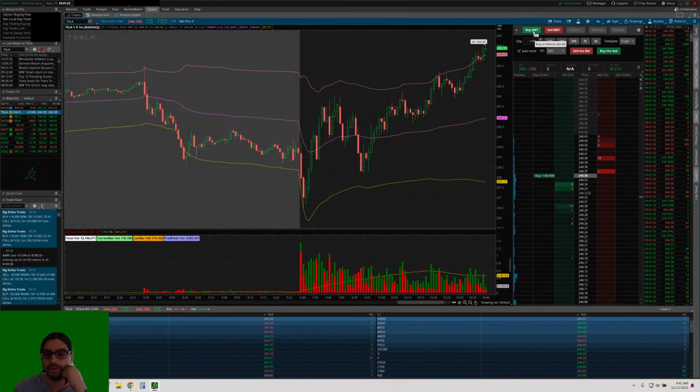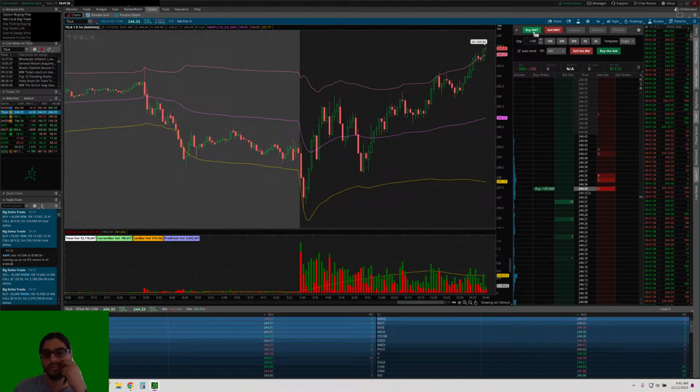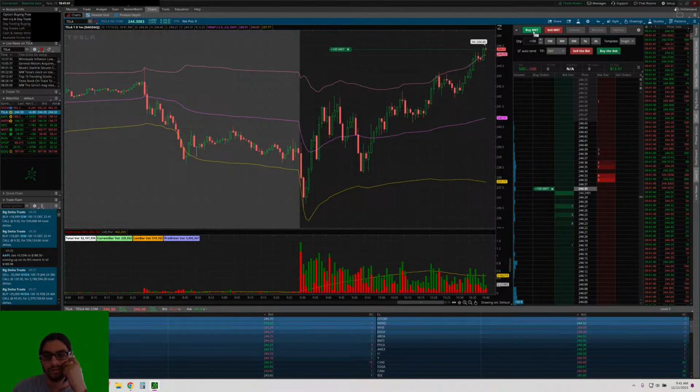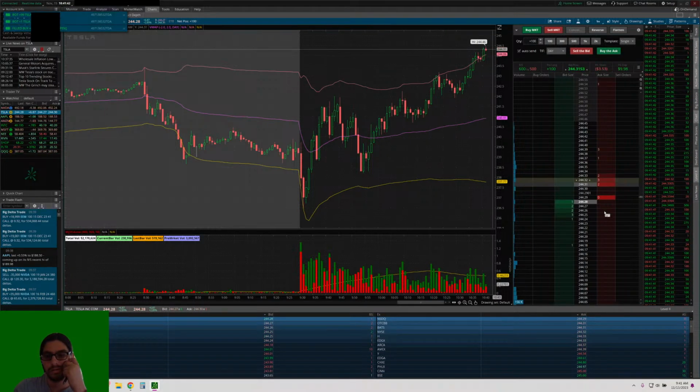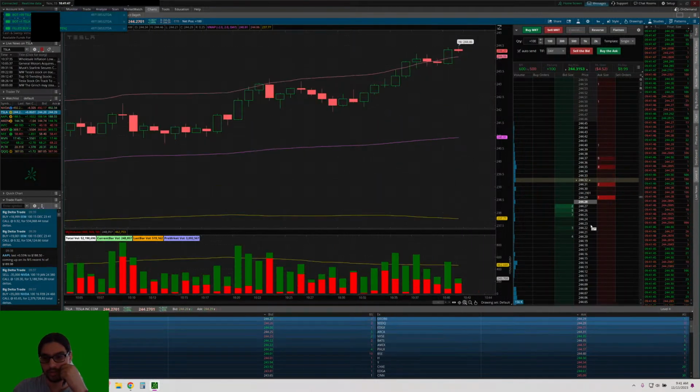This might be a stop and go play right here. That's actually where I wanted to enter in at right here.